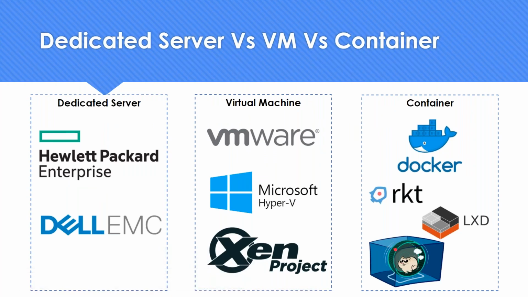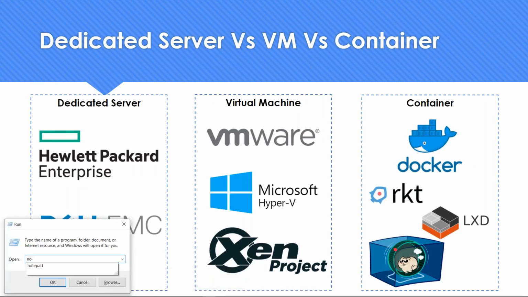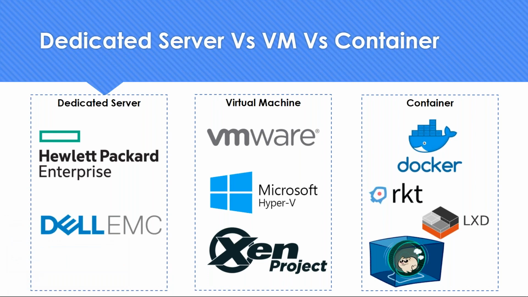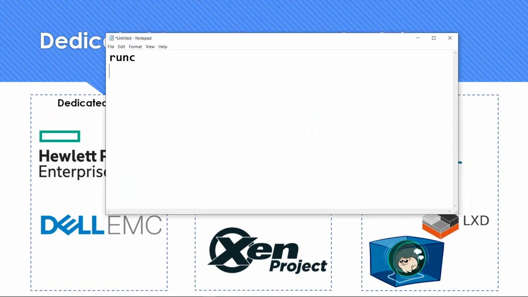Run C. So let me just show how do I spell this. You can just search for run C or run SC. Both are same. So there's a specifications, the Open Container Initiative. So it has been written as per this.